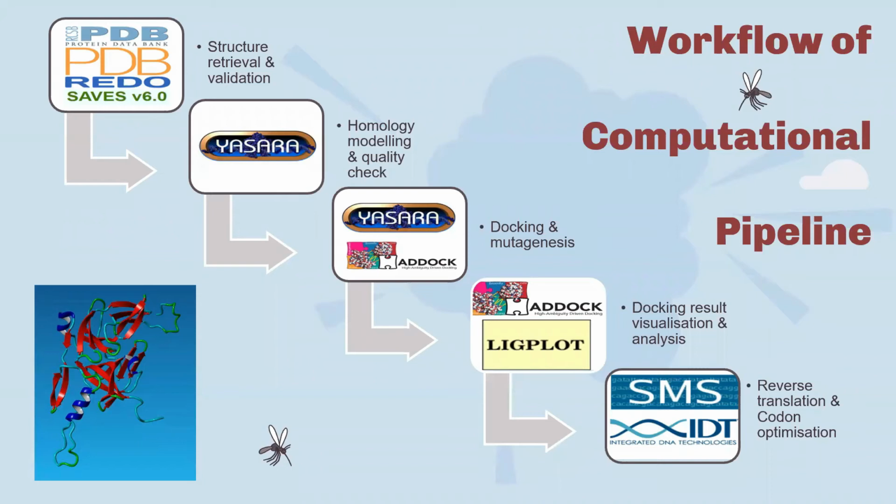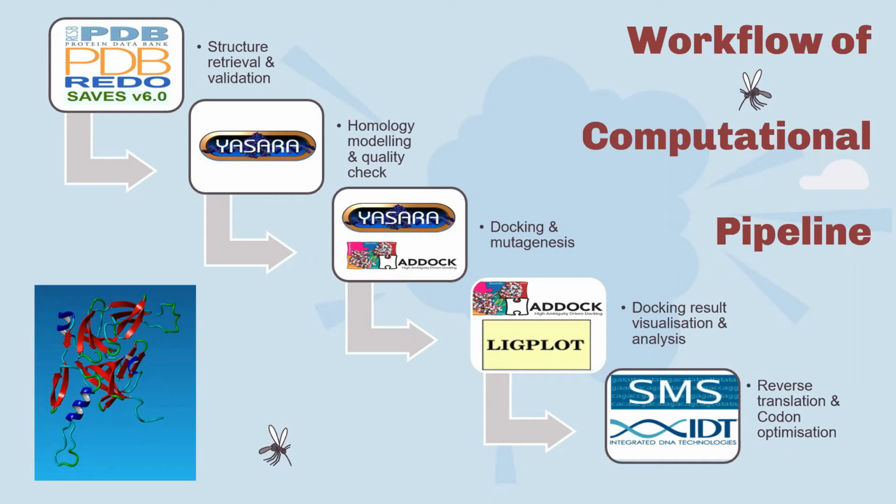Here is the general workflow of the computational pipeline. The peptide design starts with the structure retrieval and validation using the Protein Data Bank or PDB, PDB-REDO, and SAVES version 6.0. Homology modeling was then carried out for the missing residues of the crystal structures using Yasara, and then minimized, followed by quality check.